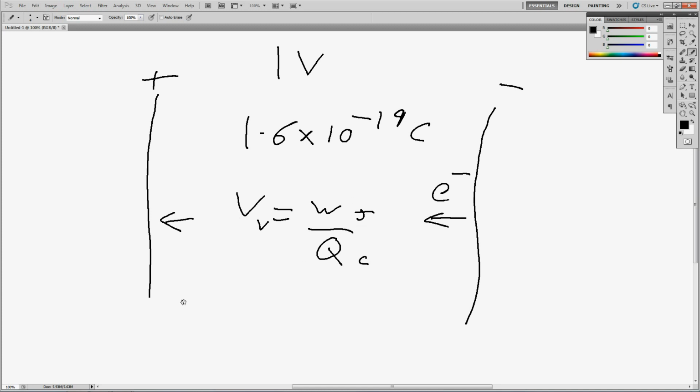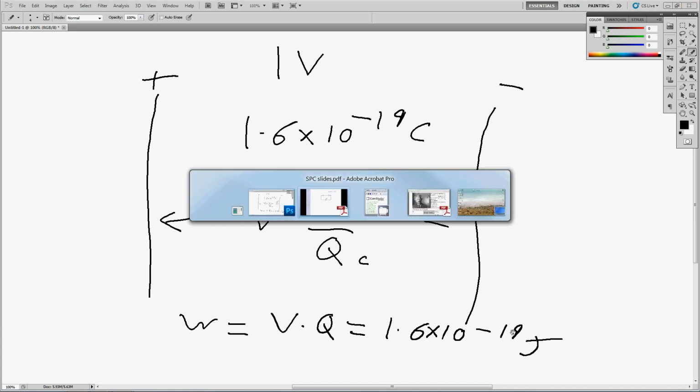The work done is voltage times the charge, but the voltage is 1, so that's just going to be the charge with, instead of coulombs, joules. So 1.6 times 10 to the minus 19 joules. An incredibly small amount of energy.